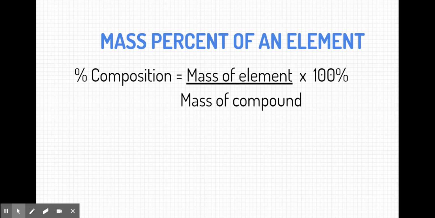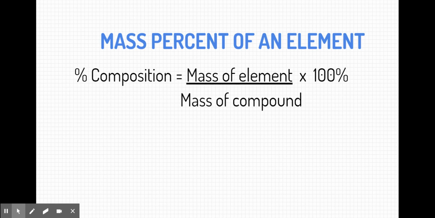Because we're looking at a ratio of masses, the mass of the element compared with the total mass of the compound. So we're doing a simple division, the part divided by the whole, mass of element divided by the mass of the compound, and then we're multiplying it by 100% to express this ratio as a percentage.